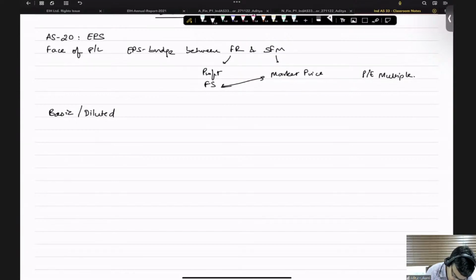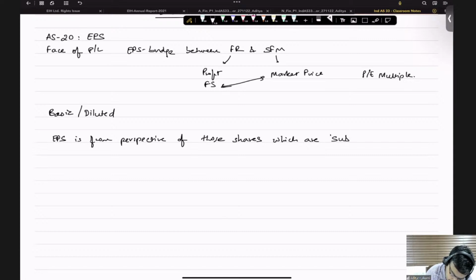Okay, so EPS is from the perspective of those shares which are subordinate to all other shares in the capital structure.